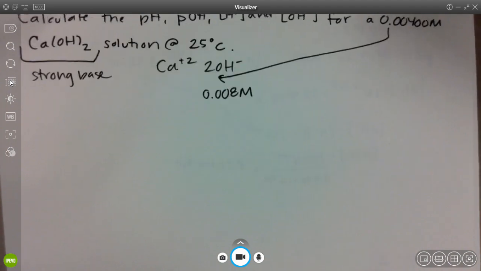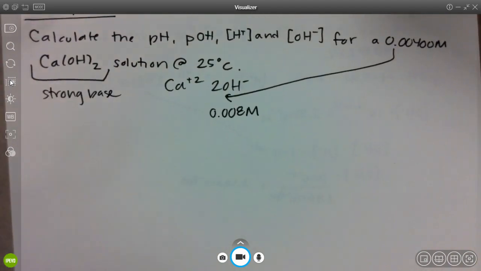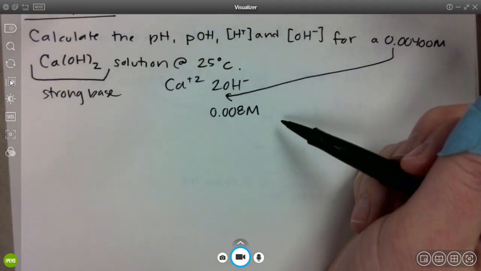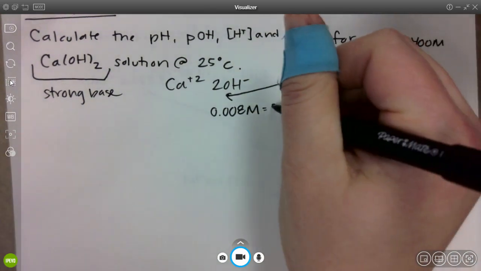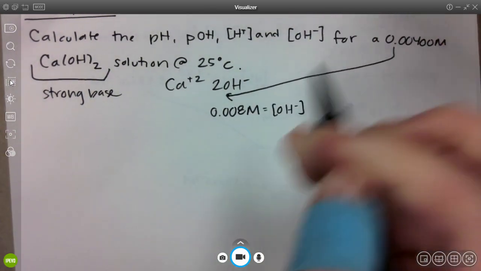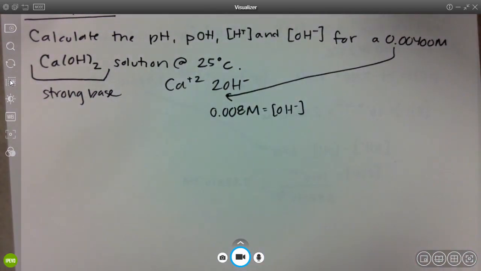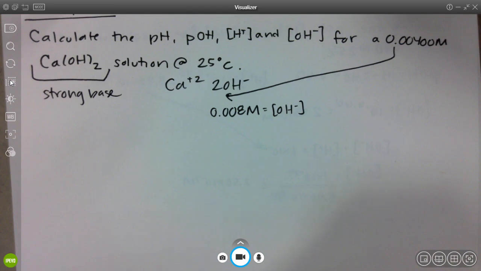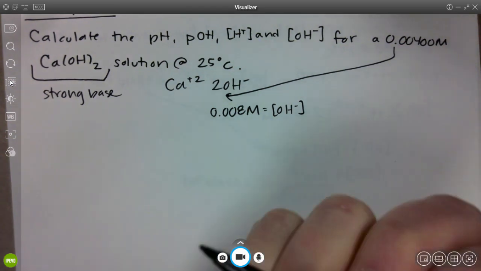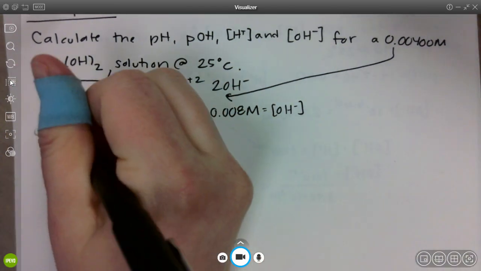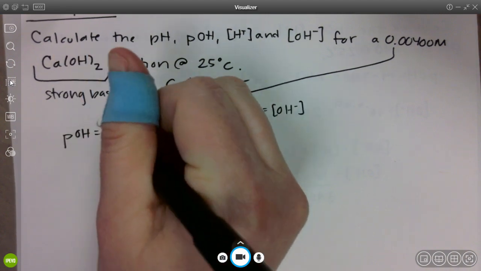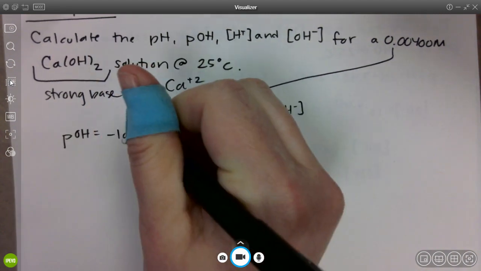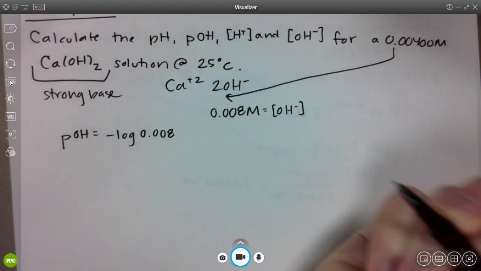Okay, so we want to get all of our calculations. Since I know my concentration of OH minus is 0.008, I got that one taken care of. Hooray for me. But I think probably the easiest one to solve for is going to be pOH. So my pOH is going to be the negative log of 0.008.